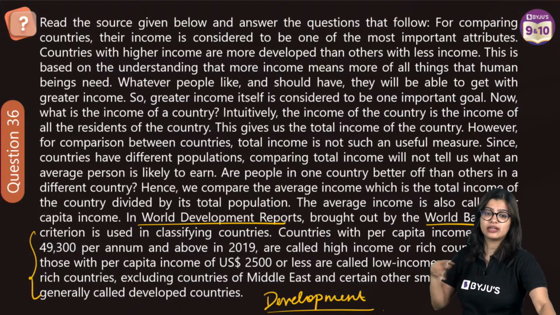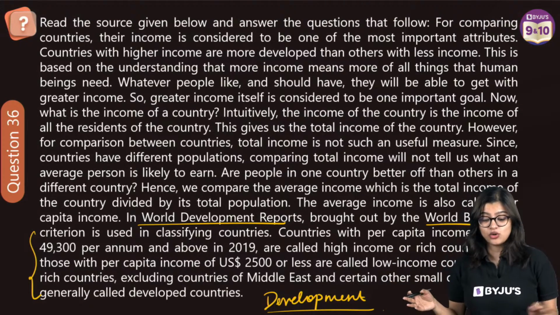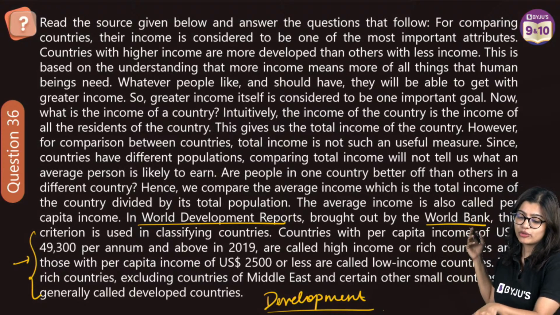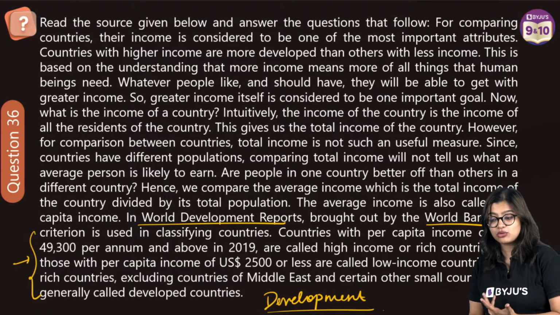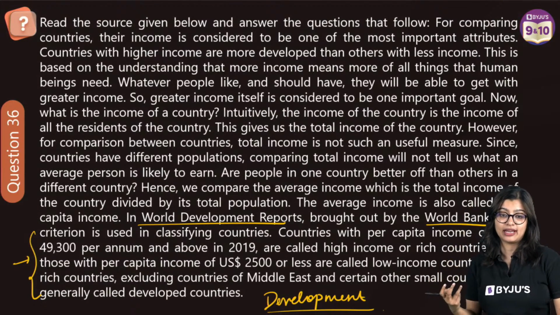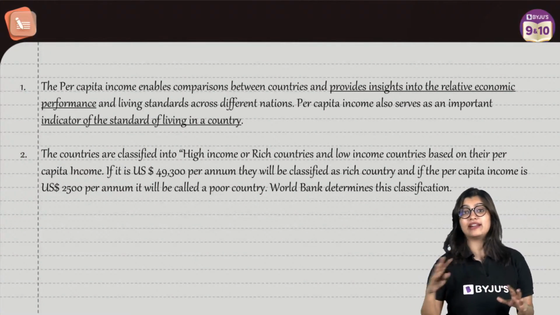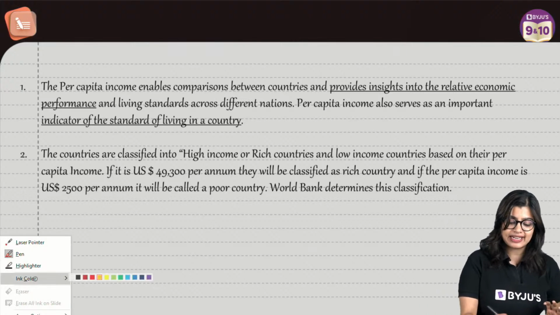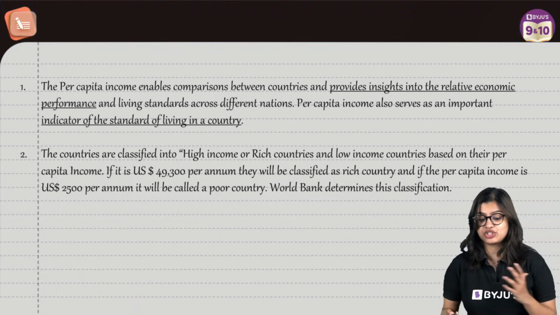Now, if you think about it, in this particular case, you can answer with respect to the chapter. And don't worry, the details of the answer are already here, right? The answer is again there in the particular question, right? Now, with respect to per capita income, what are you able to understand? We see that it helps us get an idea of the relative economic performance, right? It gives you an idea of where countries stand with respect to their average income.